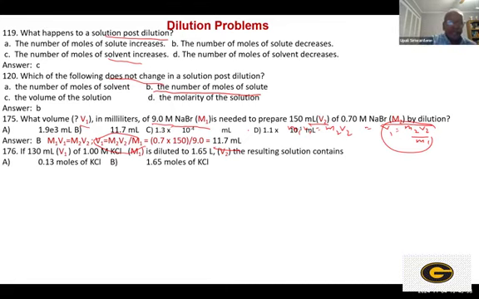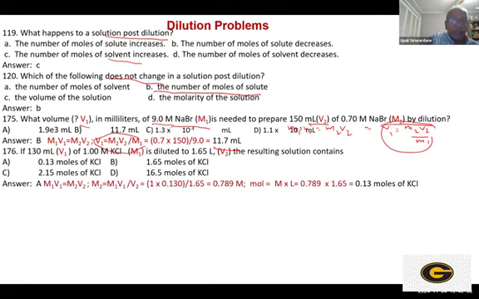This is a similar problem. V1, V2, M1. The unknown is M2. You solve for M2. A is the correct answer. If the dilute solution contains how many more?